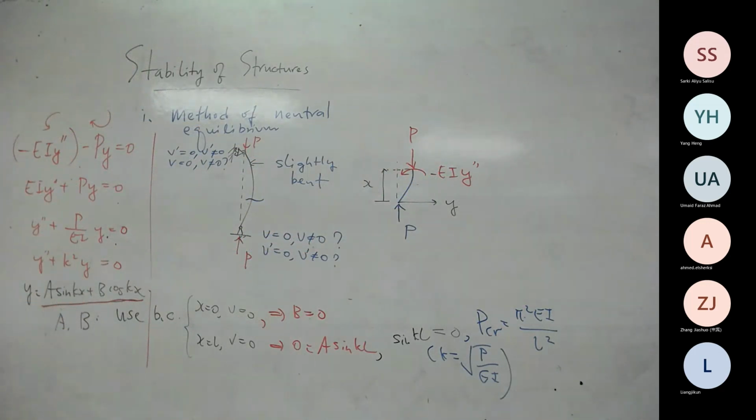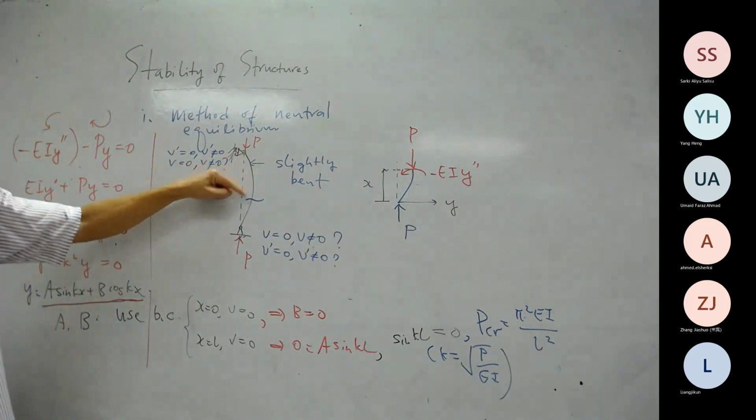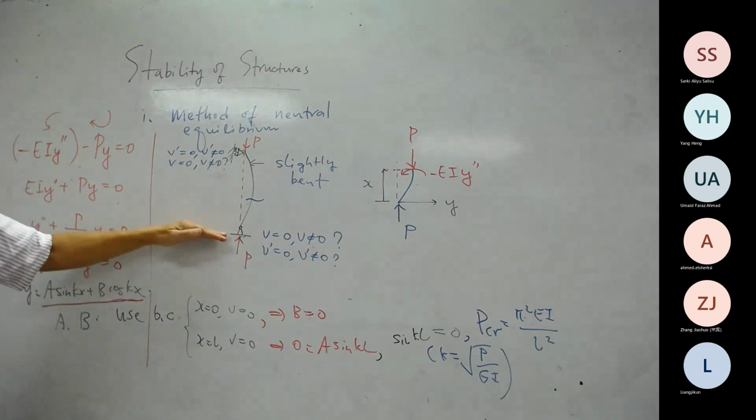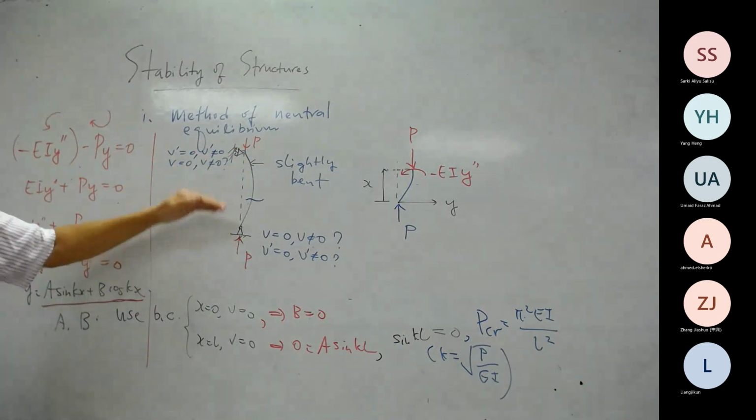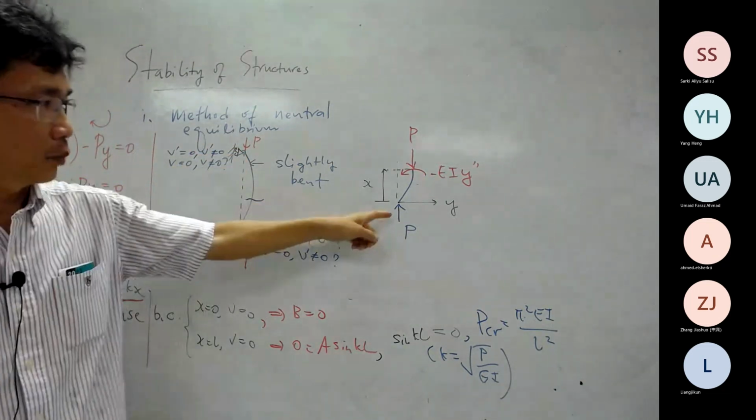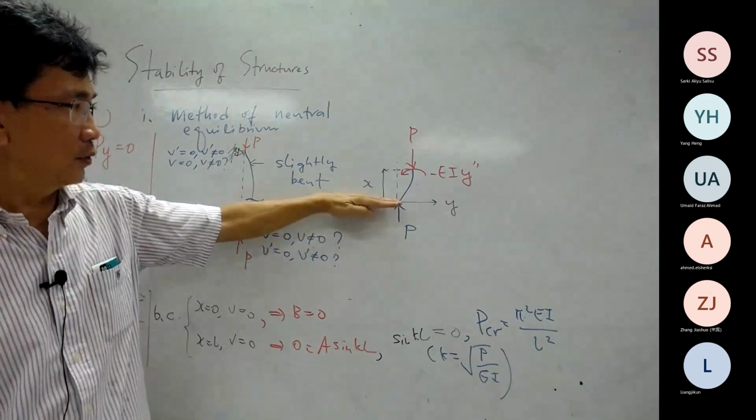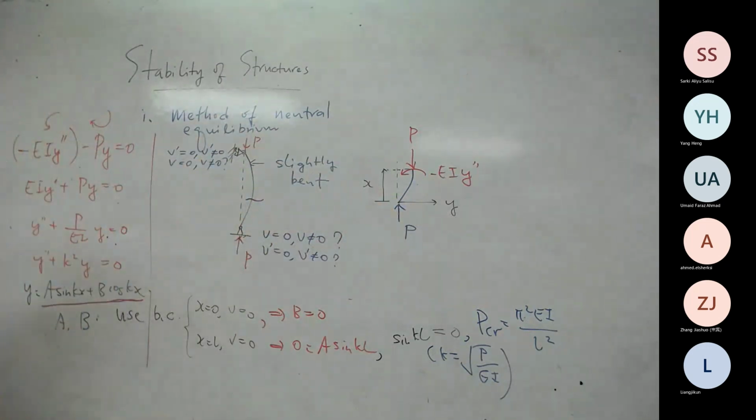The important steps are: what is the slightly bent shape corresponding to the end conditions? From there, when you draw the free body diagram, what are the forces here? Do you have a shear force here? Do you have a moment here? That will affect these equations, and it will affect whether your right-hand side is zero or non-zero.